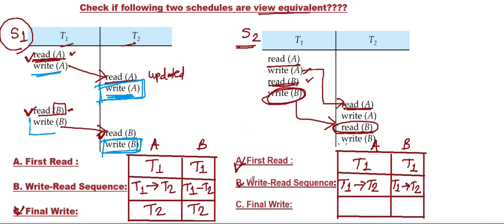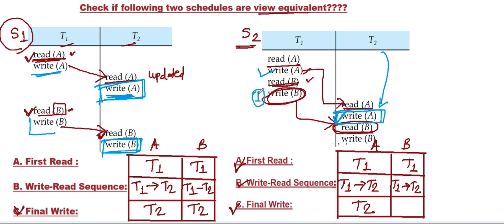Now the last point, the final write. Who has made the final write on variable A? On variable A this is the first write, this is the second write, which is the final one. So T2 has made the final write on variable A, and we note that in the table. Now who has made the final write on B?